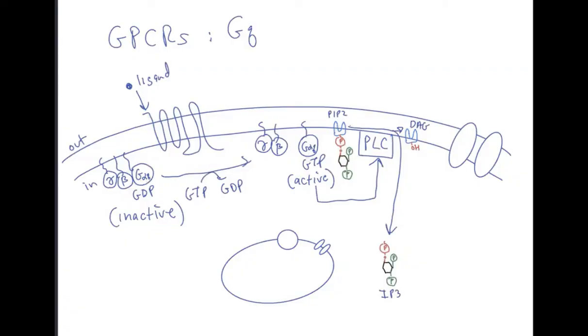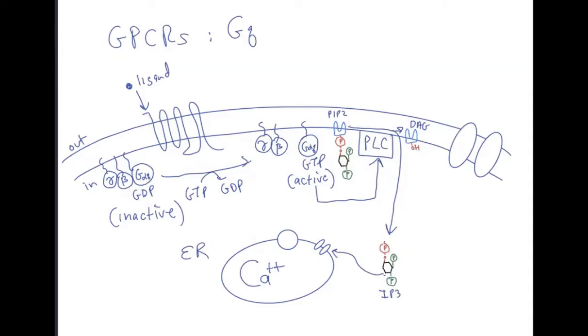And we need to now look at what are the downstream consequences of this cleavage of PIP2. Well, first, let's focus on the IP3. The IP3 is going to act on a ligand-gated ion channel that's on the membrane of the endoplasmic reticulum, which we're going to abbreviate ER, which has a very large store of intracellular calcium.